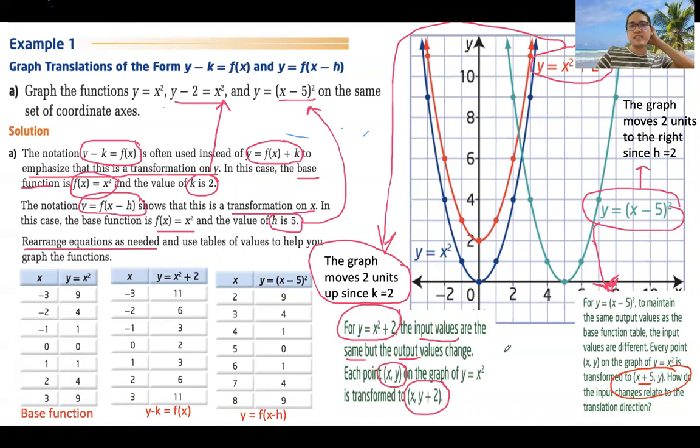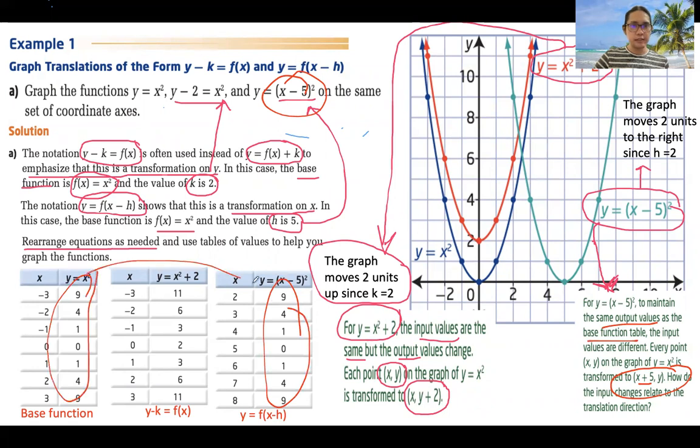We add 5 because our h is 5 based on the given function. So that means, as you can see also, the same output values as the base function table. They have the same output, but they have different x compared to the parent function.